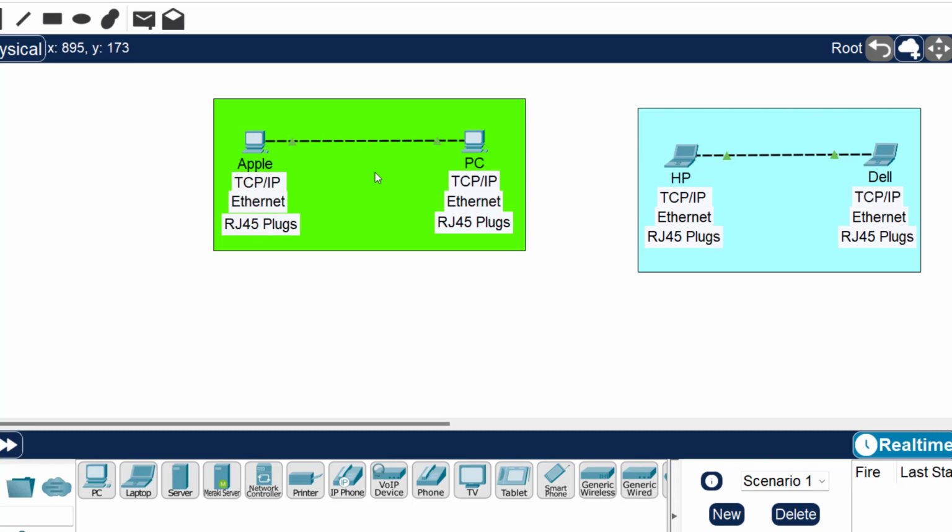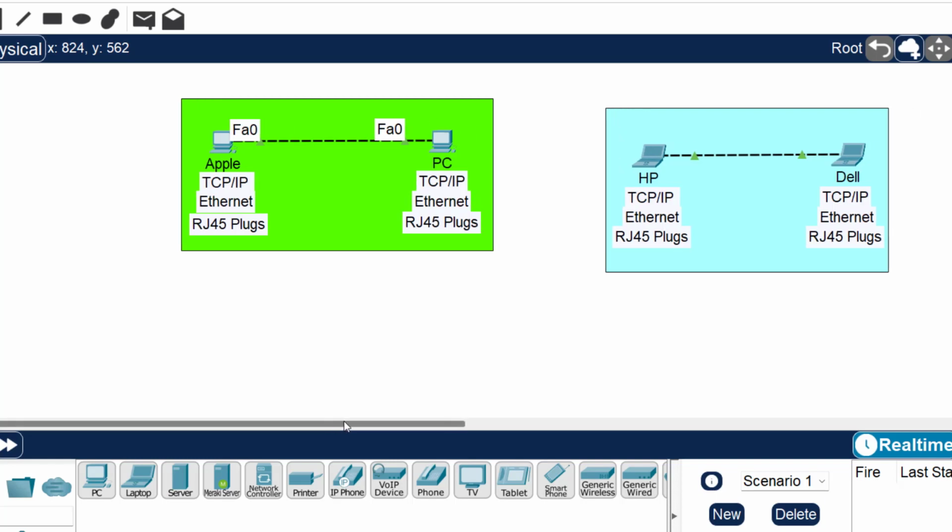Many other layers above these are shared between the Apple computer and any other PC, and that is the reason why these two different types of computers with different operating systems can communicate with each other in today's world.